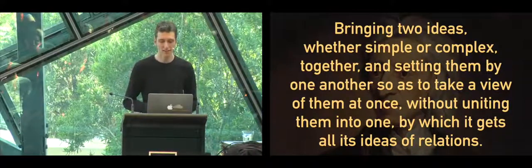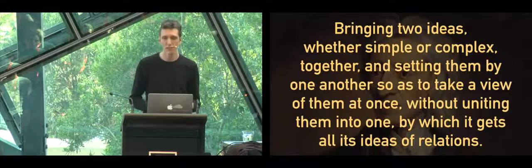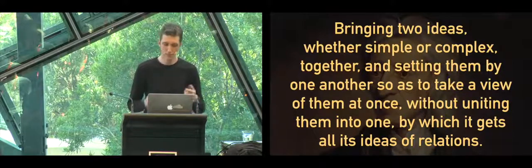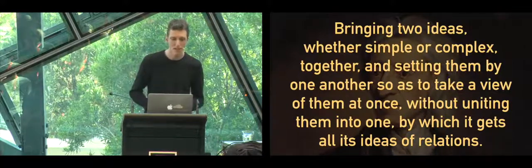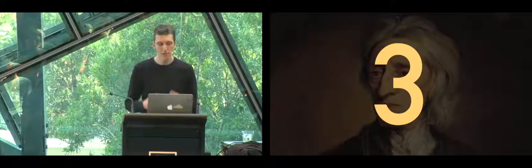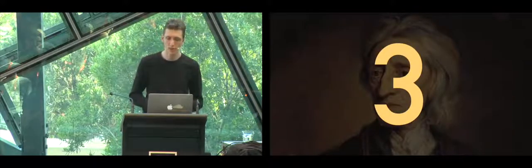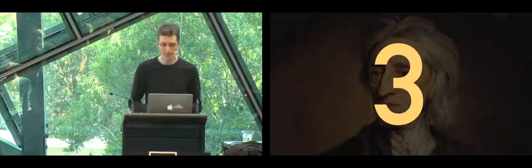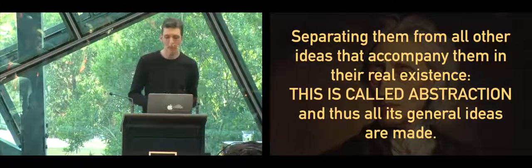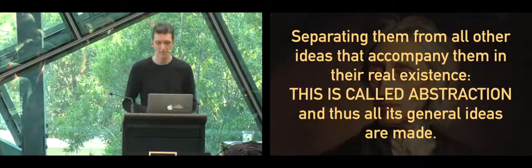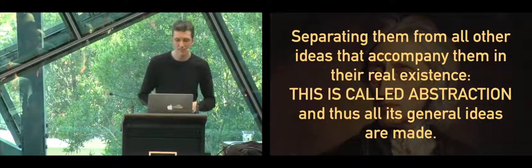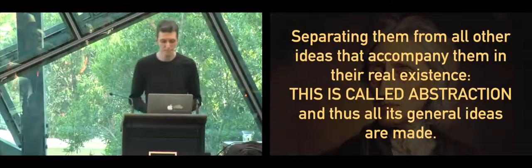And the product of this exercise is understanding the relationship between these 2 ideas. And third, according to Locke, is abstraction. Basically, you can take a concrete idea and generalize it. So that's Locke's definition. This is mine.